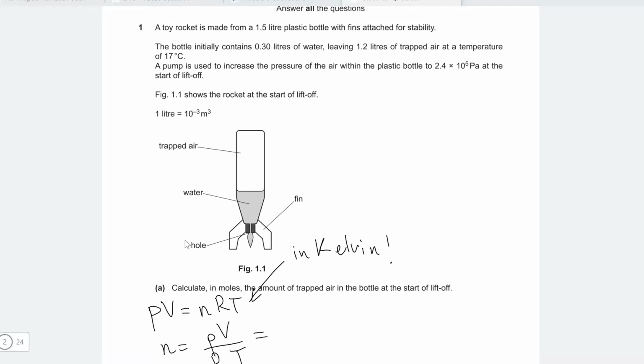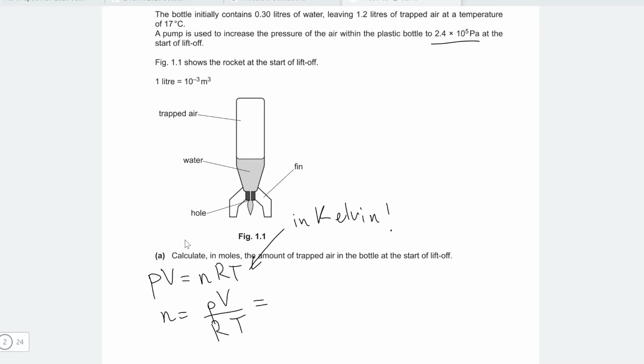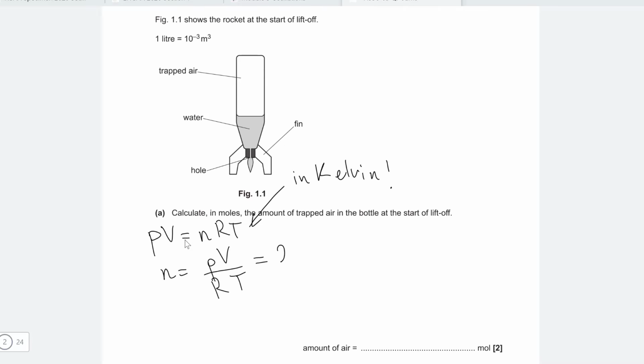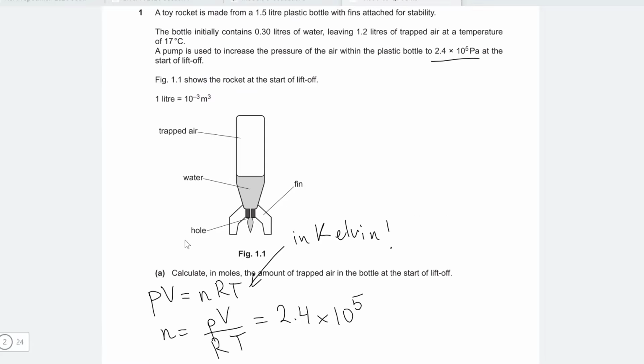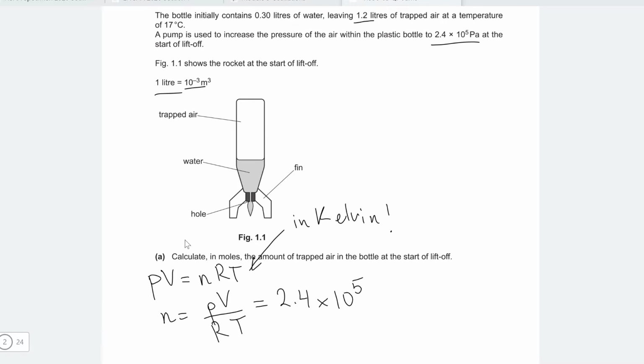Okay, well, let's plug in some values. First off, the pressure just before the moment of liftoff is 2.4 times 10 to the power of 5. So let's write that down: 2.4 times 10 to the power of 5, and we have 1.2 liters of trapped air, so this will actually equal 1.2 times 10 to the power of minus 3, because of the conversion factor that we are given in this question.